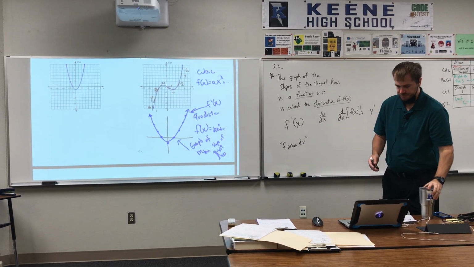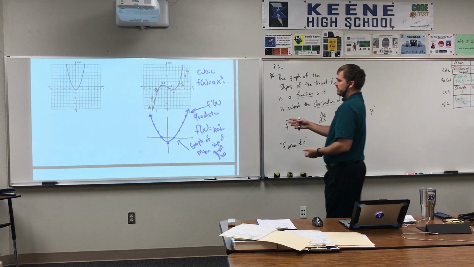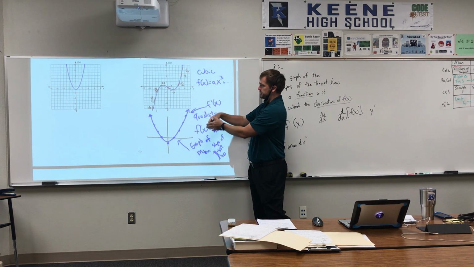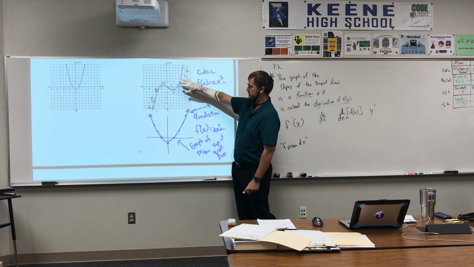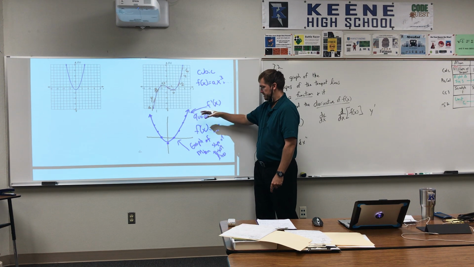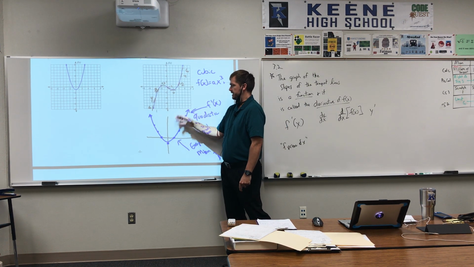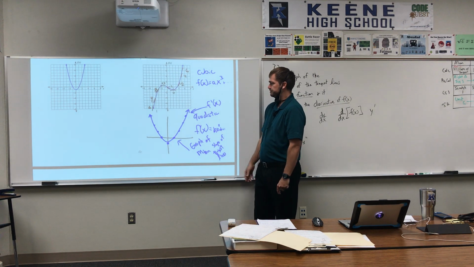So we're going to do our own sort of discovery and notice some patterns about the relationship between the function and the function f prime, that is the derivative, which tells us the slope of the tangent lines.